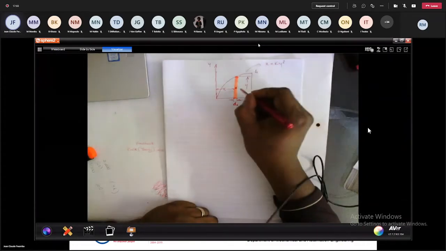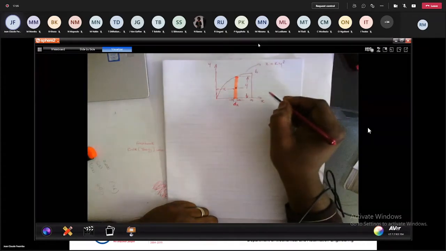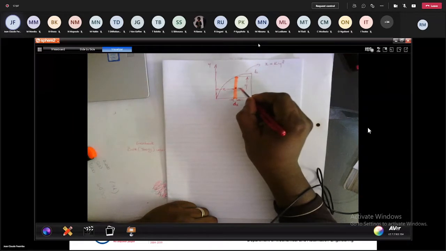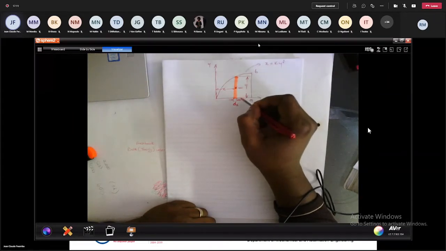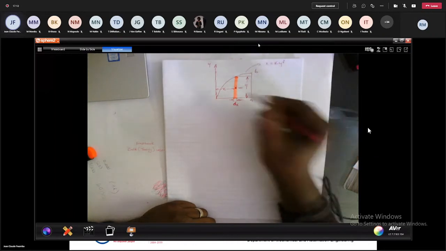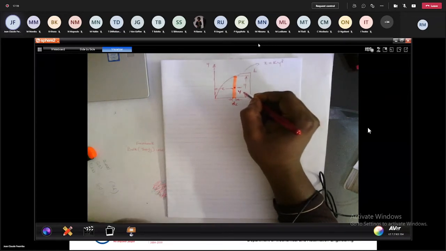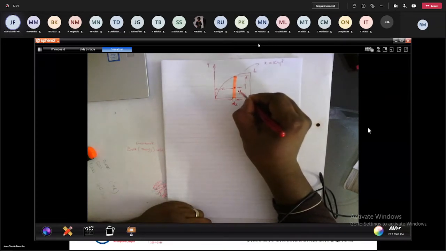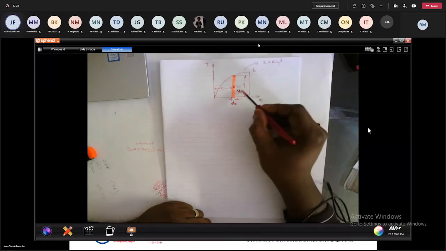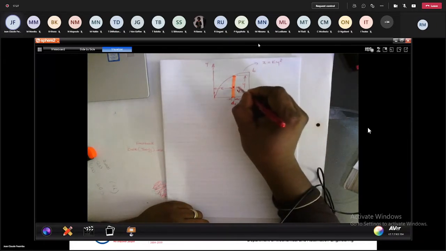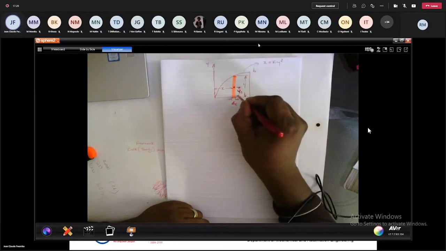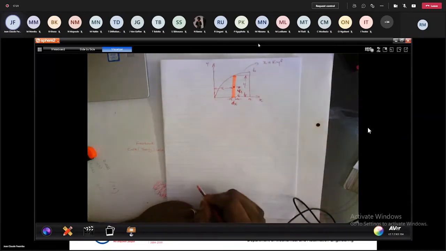My y perpendicular distance is from the centroid of my stripe, the differential area, to the x-axis. I would like to name it yc, just to avoid confusion between the two y's. That will be my second perpendicular distance.